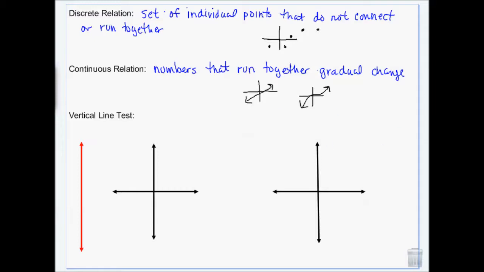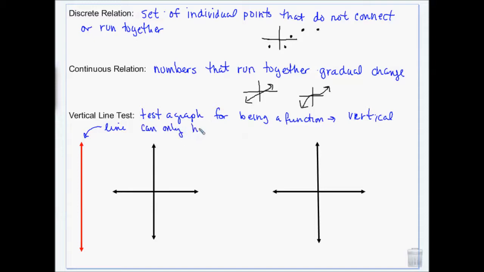Okay. Vertical line test is a nice way to test a graph for being a function. And the way it works is if you take a vertical line like this guy, that's a vertical line straight up and down, it can only hit the graph one place at a time.